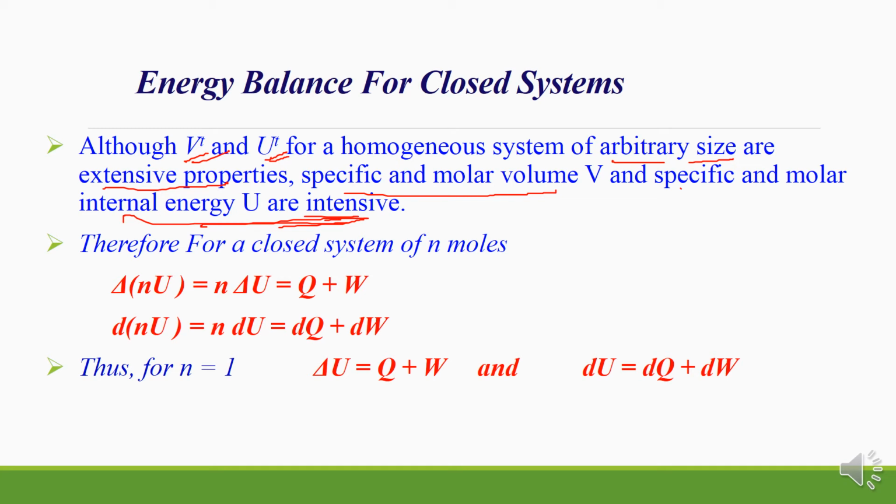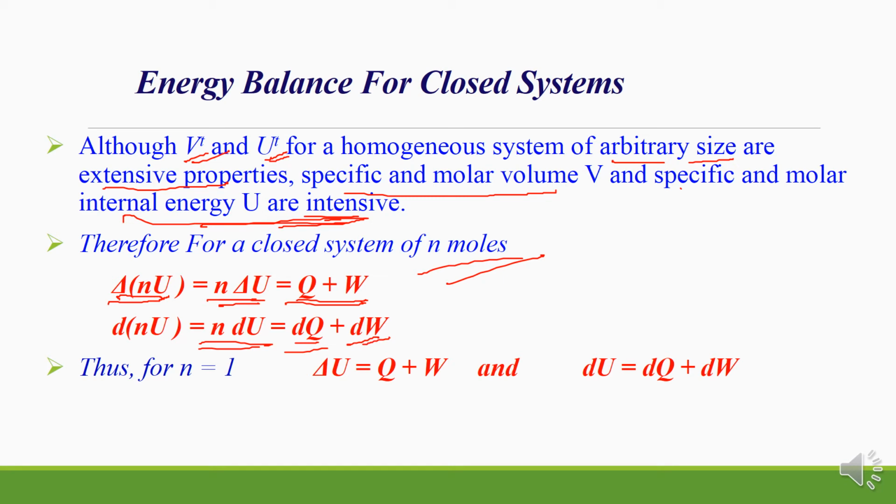Therefore, for a closed system of n moles, you can have the equation delta (nU), where n is constant here, you can take it out. So n delta U is equal to Q plus W, and in differential form you can put n dU is equal to dQ plus dW, right?